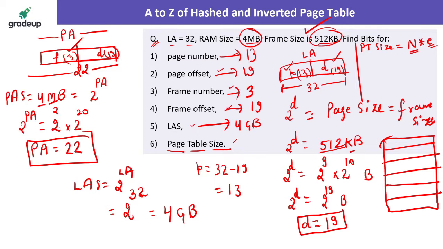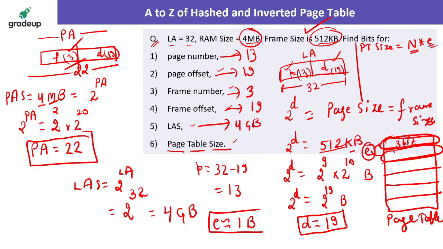Here this is one entry and this is one more entry. These are known as entries E. Normally in the page table we store the frame number. How many bits are used for frame number? 3 bits. So we need 3 bits, but we cannot take just 3 bits, so E is approximately 1 byte. A complete byte we will take for storing the frame number.